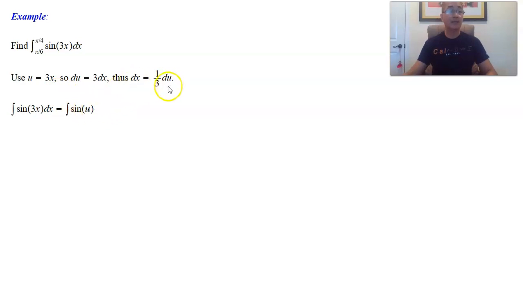Dx we have to replace with this, so we can just copy this over here. And of course, we can take the 1/3 out of the integral. We know our properties. And we are left with an antiderivative that everybody should know.